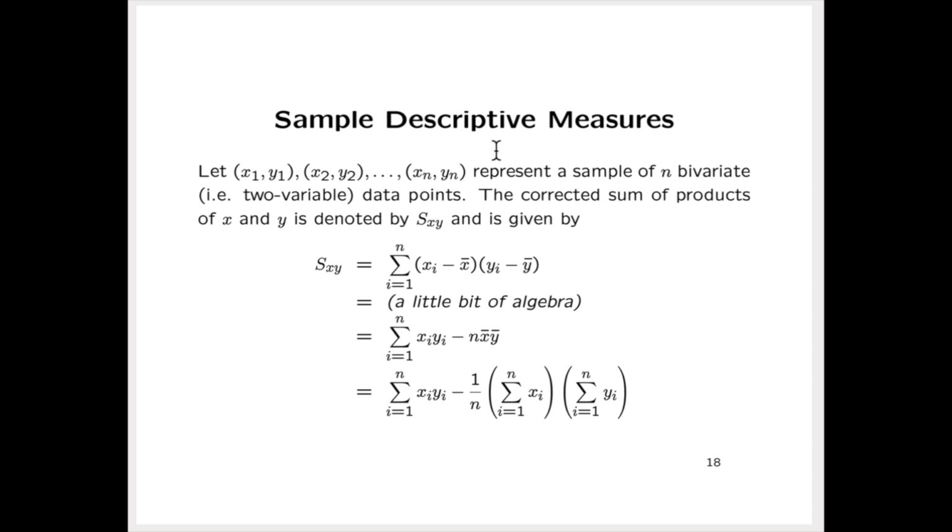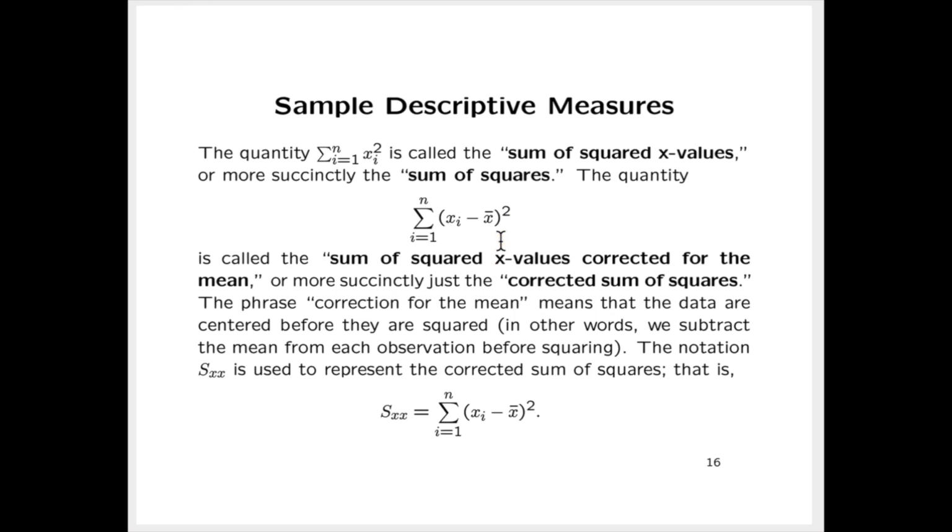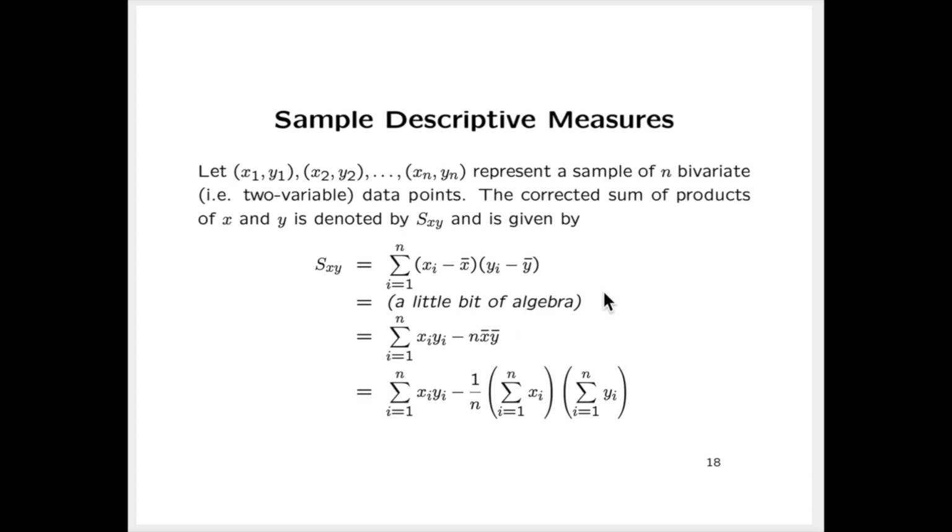Now the corrected sum of products of x and y, which is denoted by s sub xy, is analogous to what we did back here for the corrected sum of squares of the x's. But now the summation involves two variables, x and y, and so that's why we have x and y in the subscript. It's defined to be this summation here.